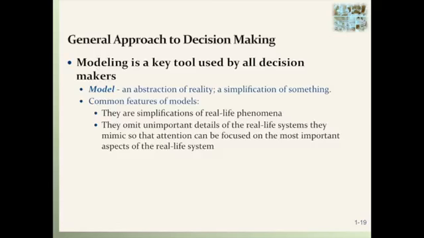So one approach to decision making is to use modeling. So a model is an abstraction of reality, a simplification of something. So common features of a model: they're simplifications of a real-life phenomenon. They omit unimportant details of the real-life system, and they mimic it so the attention can be focused on the most important aspects of the real-life system.